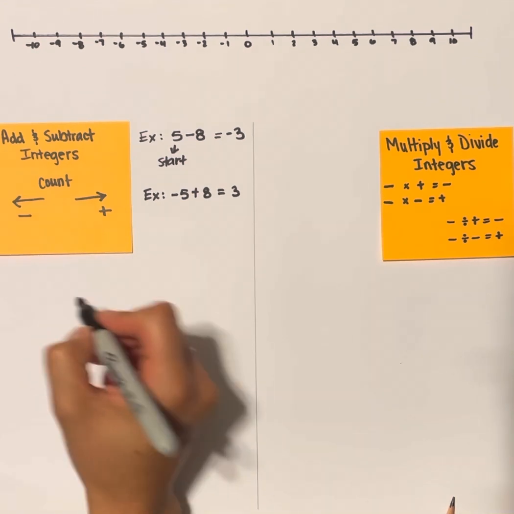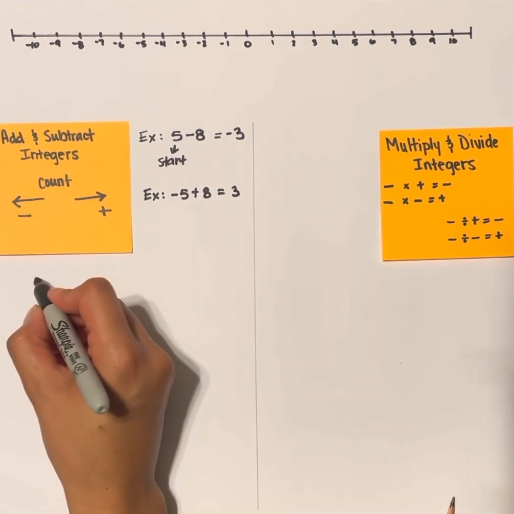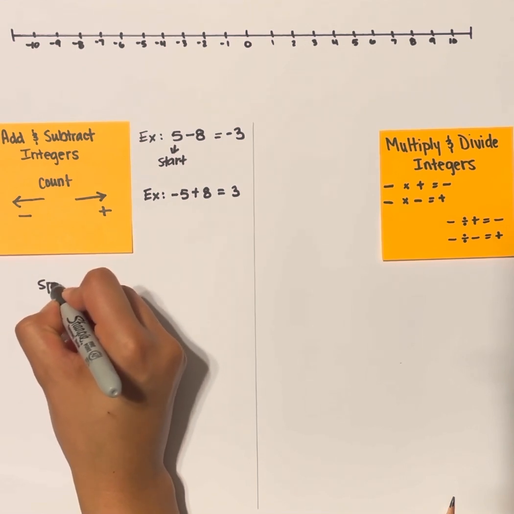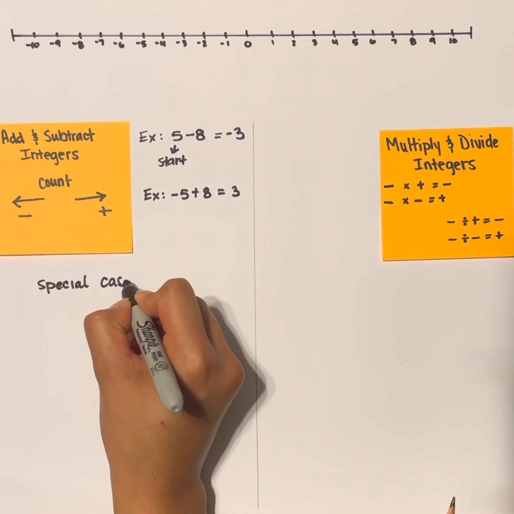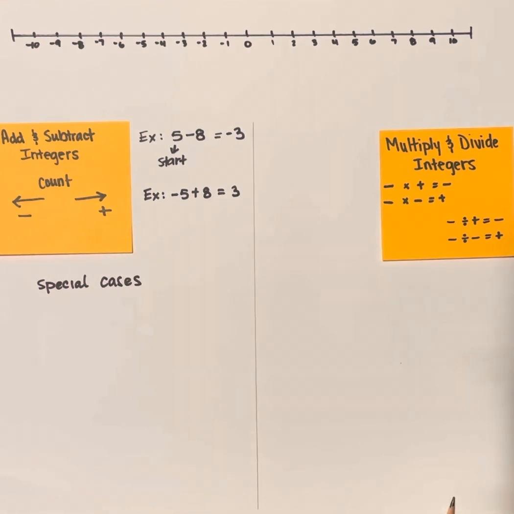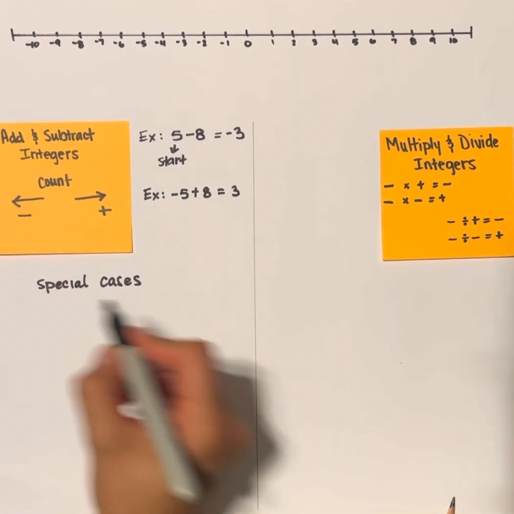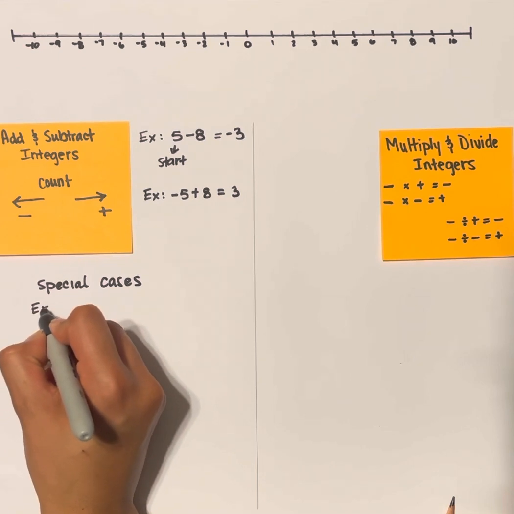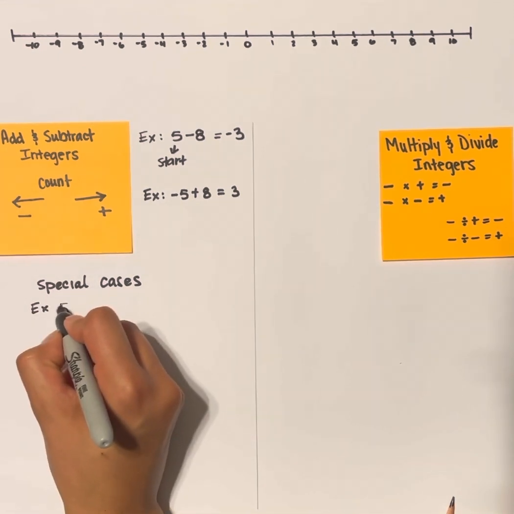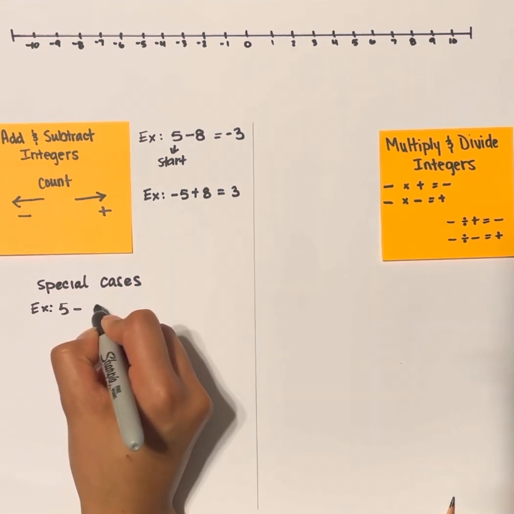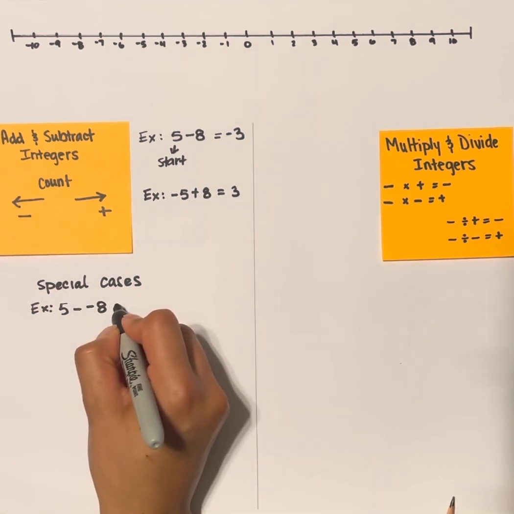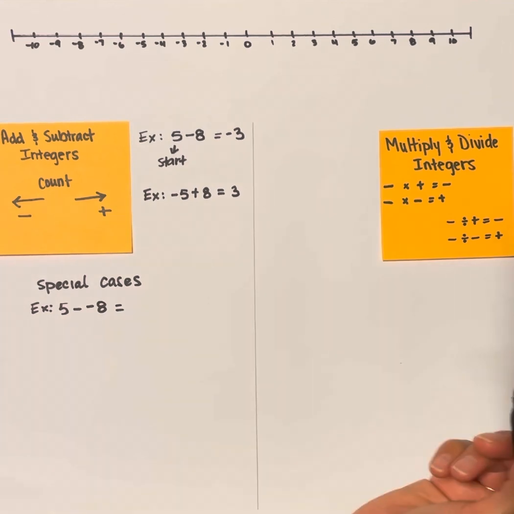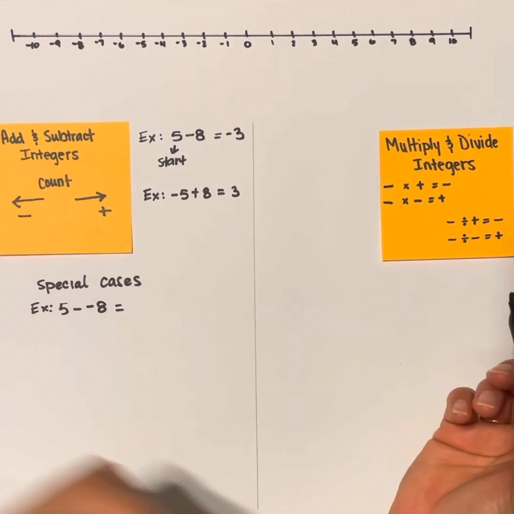So let me show you a few special cases here. This is going to be like subtracting negatives. Some special cases you might see will be like 5 subtract a -8. Here something kind of weird happens.